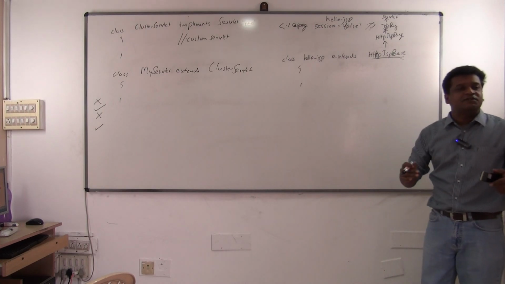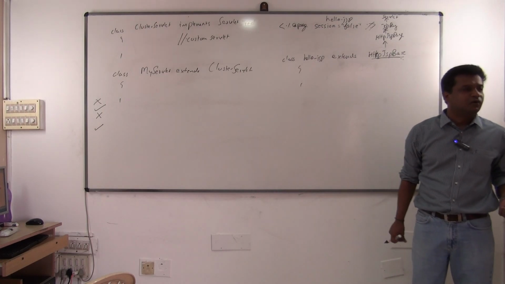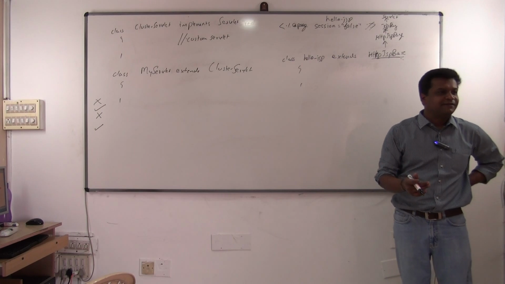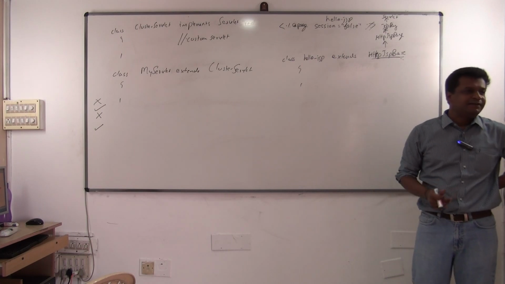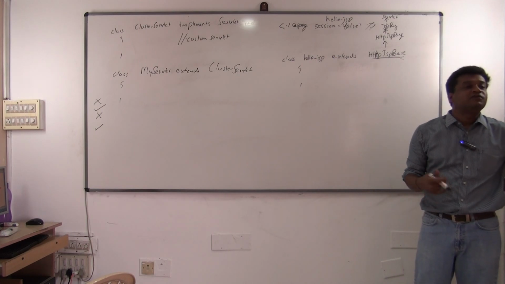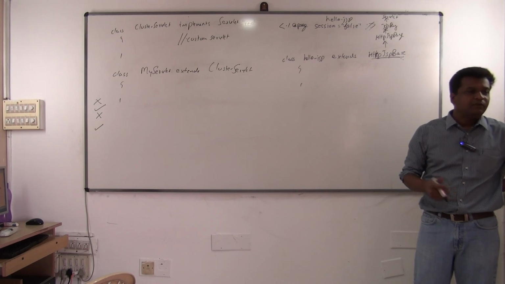But here the problem is the JSP container is automatically generating the code. Now how do you give it instructions to extend this class? We give the instructions by using the page directive with the help of the extends attribute.